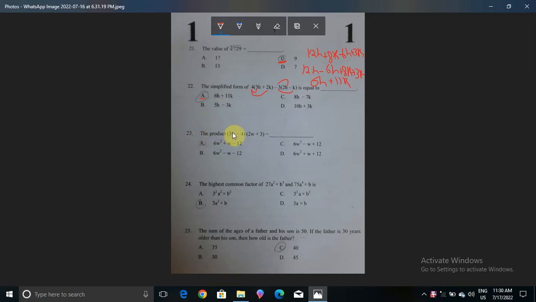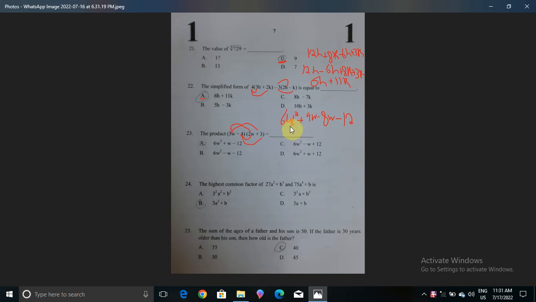First of all, what we'll do here, 3w times 2w and times 3, and negative 4 times 2w and negative 4 times 3. So we will get here 6w squared plus 9w minus 8w minus 12.